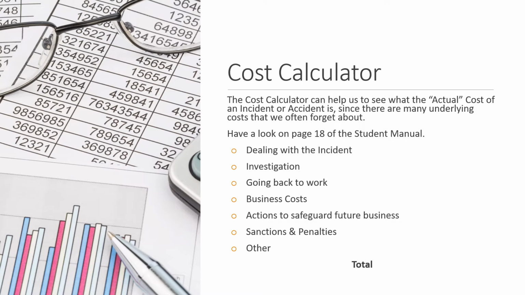Then you will note the total time and cost for a separate incident. Now we can see the actual cost of an incident and accident. The initial cost is just the tip of the iceberg, and then, using this cost calculator, we can really drill down to see what it costs a company for an actual incident.